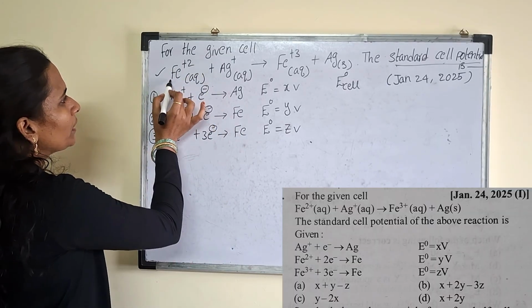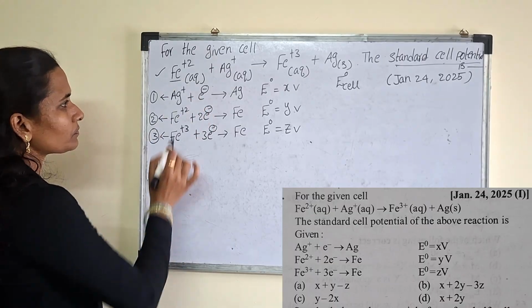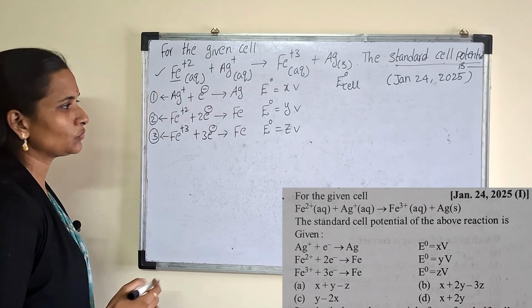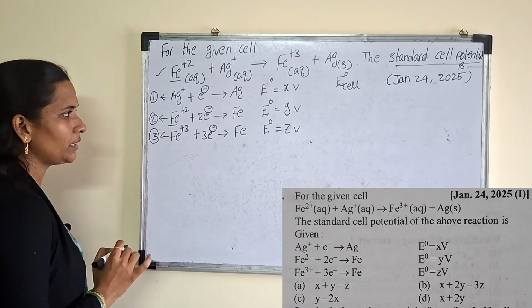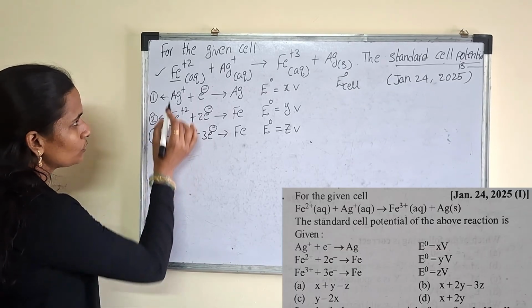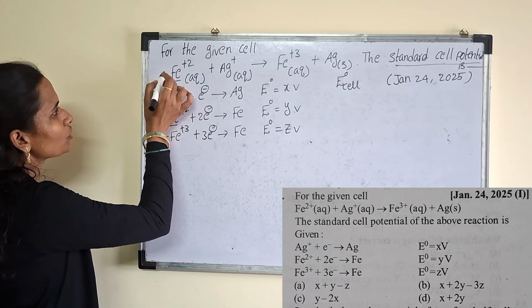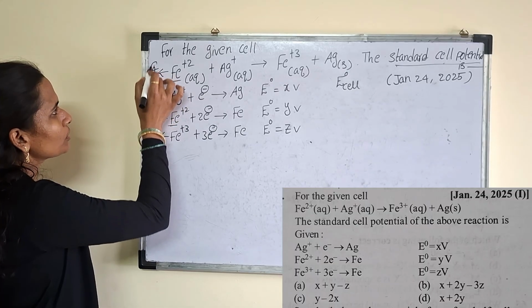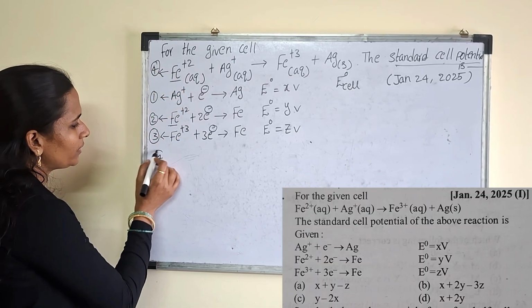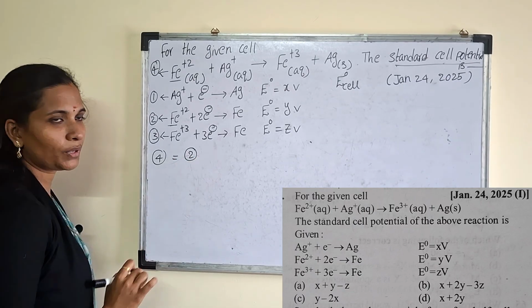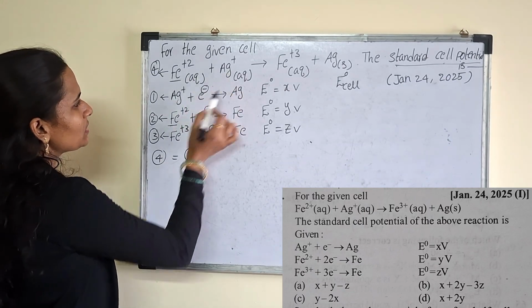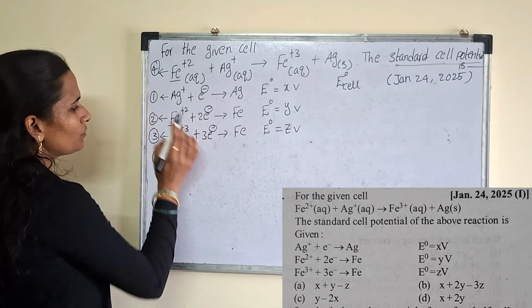Here we need Fe2+ (aq) on the reactant side, which is in the second equation. Taking the required equation as the fourth equation, fourth equation equals second equation plus, after that, Ag+ which is in the first equation.